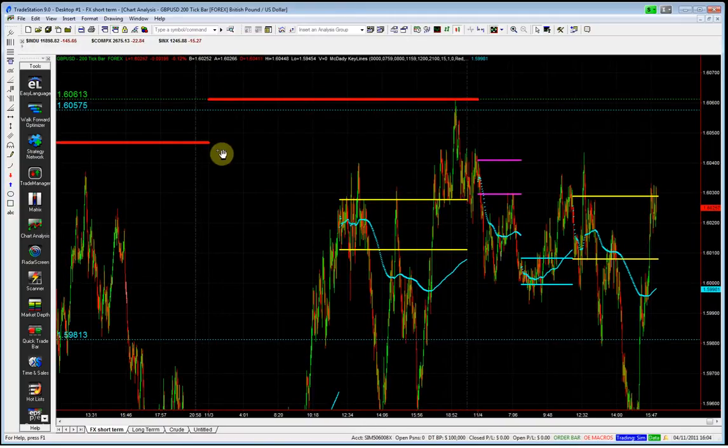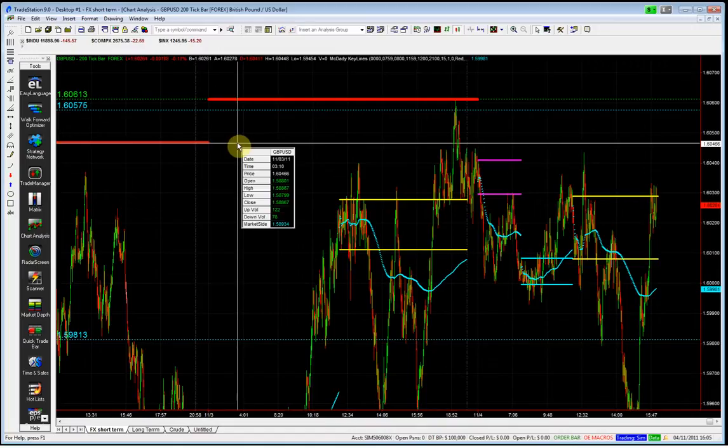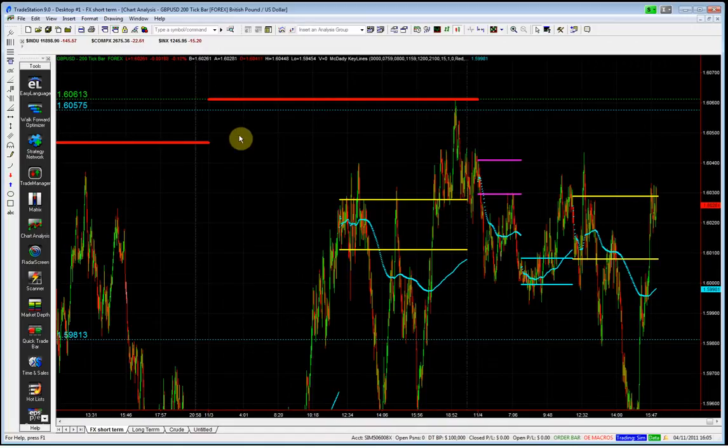The stop's quite clear here. If we're going long, the 160.61, we want the stop at 160.46, the two-day high. 160.46, the long stop.